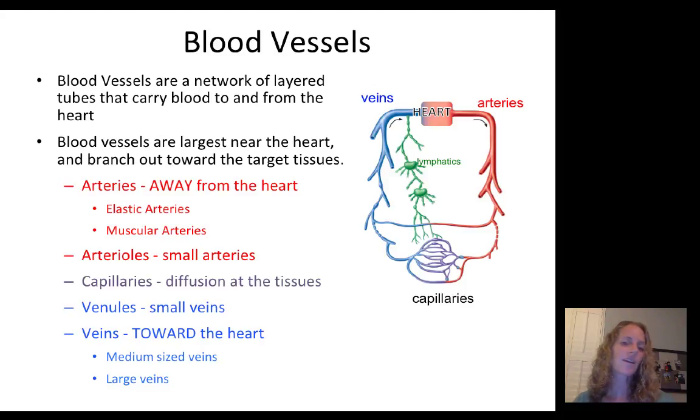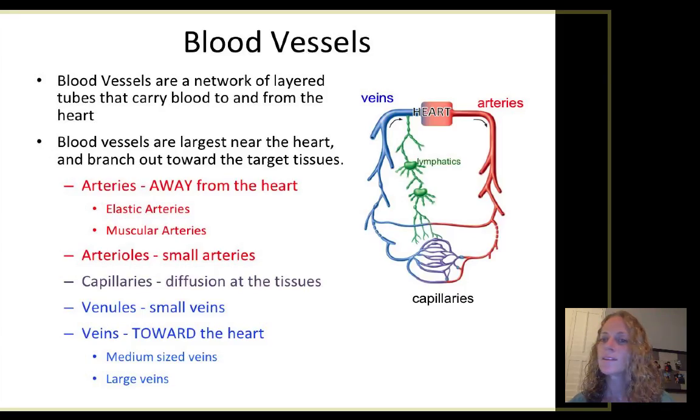If you're starting at the heart, the arteries move away from the heart. So here we've just drawn the heart as a box. But this would be the left ventricle, which is pumping out of the aorta.